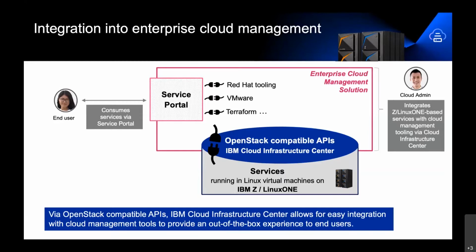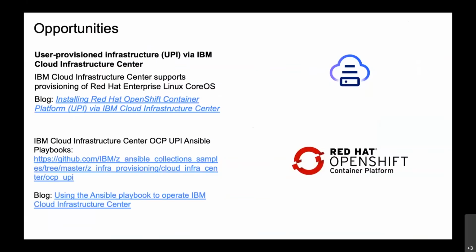So those are the three main use cases that we support with Cloud Infrastructure Center. I mentioned at the beginning, there's one specific opportunity that I want to make you all aware of. And this is the possibility not just to provision a SLES or a RHEL or Ubuntu guest with Cloud Infrastructure Center and manage those and provide them as contractable services for the cloud.